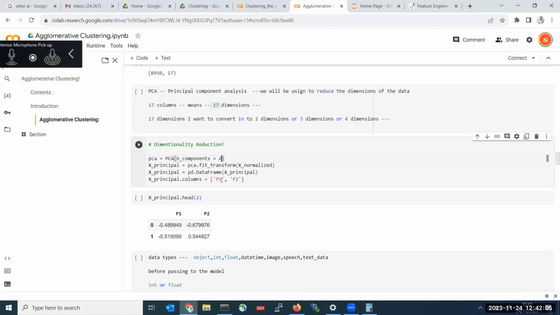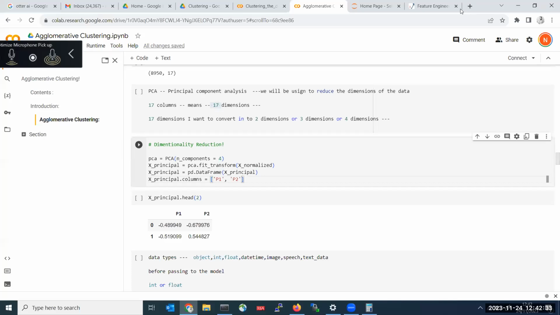In the column names, I just need to provide names like P1, P2. If I am giving 4, I need to add P3, comma, P4. You can give any name. There is no specific rule of providing P1, P2 only. Here P is nothing but principal components. So this is principal component analysis.